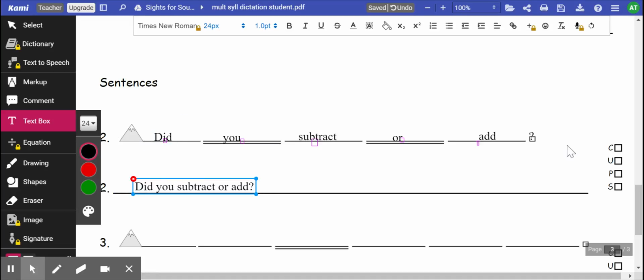Check for CUPS. Did you capitalize the D? Good. Understanding. Did you subtract or add? Because you have to check your work in math. Good. Does this end with a question mark? Good job. And check for spelling. Is it spelled correctly?